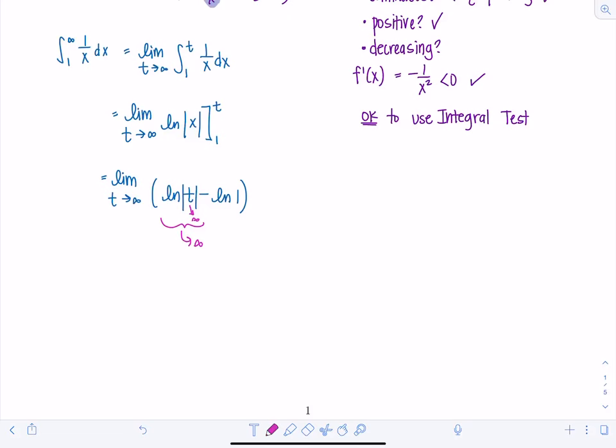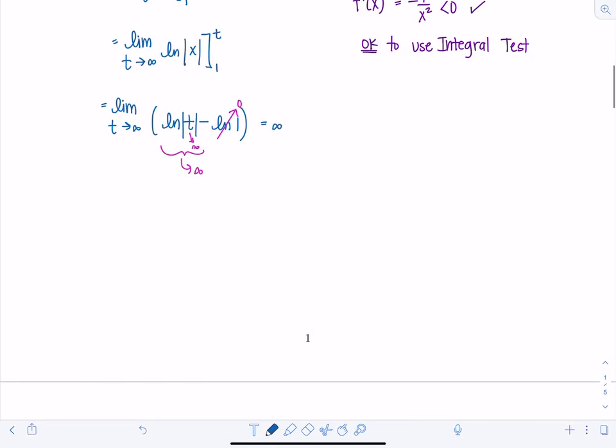And natural log of 1 just equals 0. So this limit as t approaches infinity is equal to positive infinity. And if you'll recall from studying improper integrals previously, we said that this improper integral diverges.